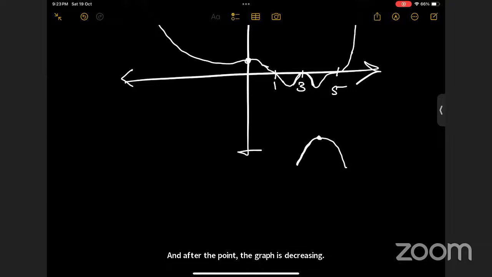Another case is that before the point the graph was decreasing, and after the point the graph is increasing. That means the nature of the graph will be different before and after the point. That point we will call a turning point. So you know the definition.